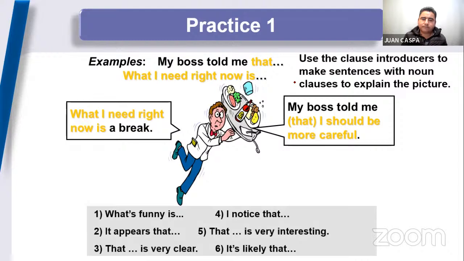So how about this? The only thing you have to complement over here. Can you try that, guys? What is funny is, if you want, you can use that. Okay. Whatever you have to formulate from here, this is the clause introducer, right?